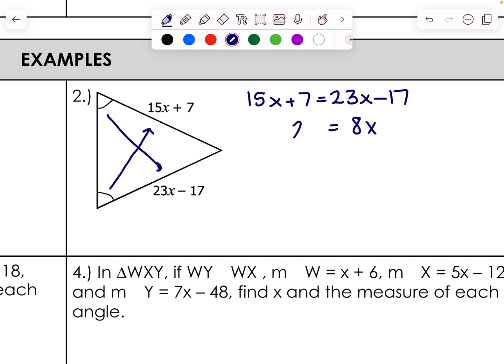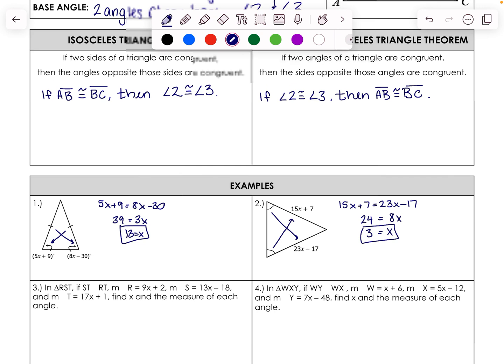I add 17, I get 24. So x is going to be 3. Basically, number 1 is an example of the theorem, and number 2 is an example of the converse of the theorem. So saying it forward is also true saying it backwards.